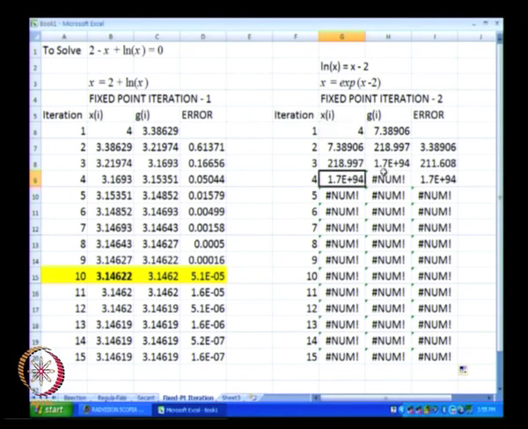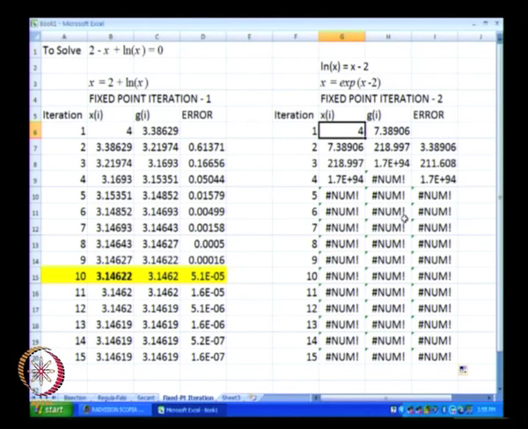Our x guess goes towards infinity, 10 to the power 20. We started with 4, from 4 we went to 7, from 7 we went to 219, from 219 we went to 1e94, and essentially from 1e94 we would have gone to infinity. That is what happens if you start with a poor initial guess like 4 in this particular case.